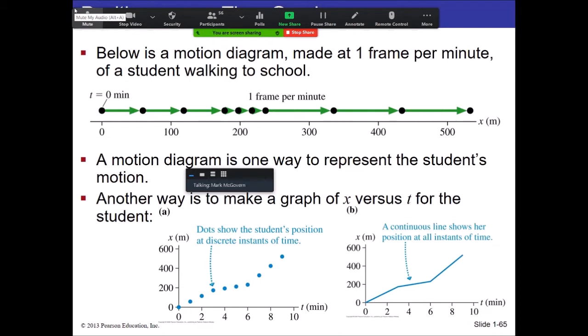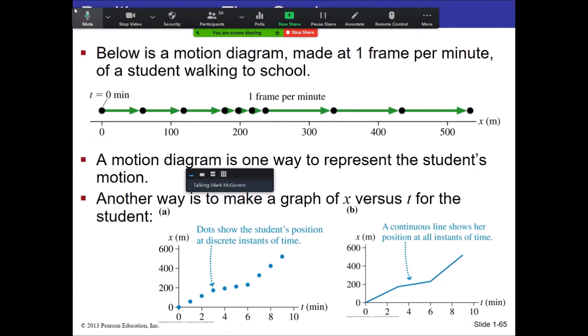We can see what the motion is, so we can easily describe this. This person moves at a medium pace for about 3 minutes. Probably something catches the student's attention for another 3 minutes, and they slow down quite a bit. And then for the subsequent 3 minutes, they probably are freaking out that they're late to class, so they're running. So that might be what the motion looks like.